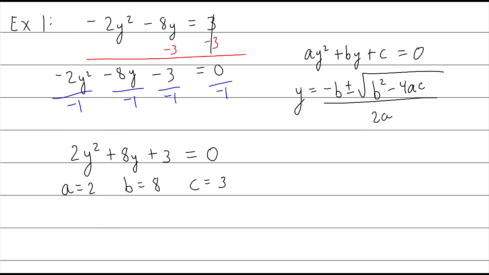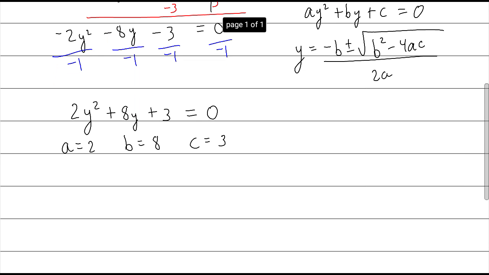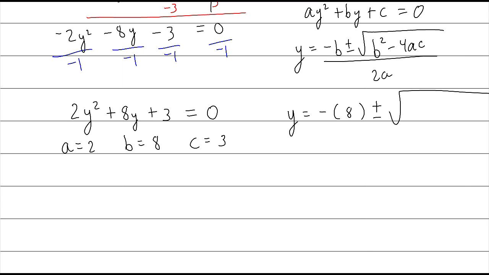I'm going to go through and plug all those into that quadratic formula. So y equals negative b plus or minus the square root, okay, so b was 8, so put 8 in. Let's use a different color there. 8. All right.